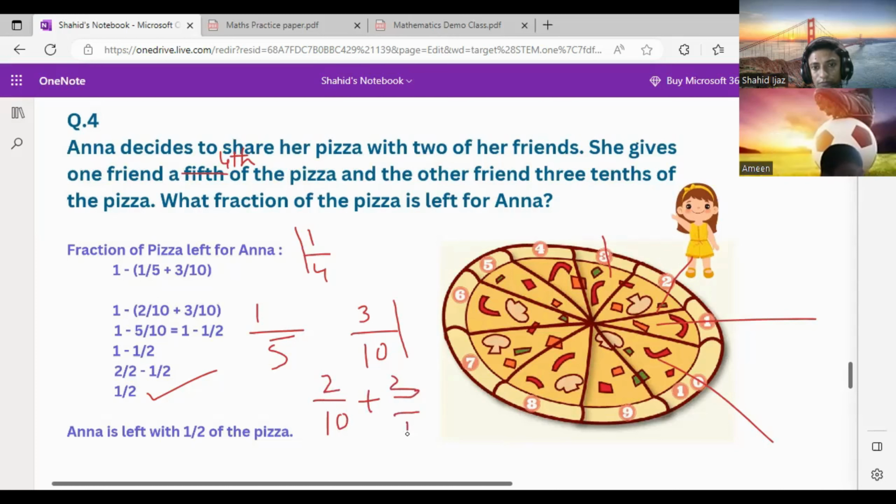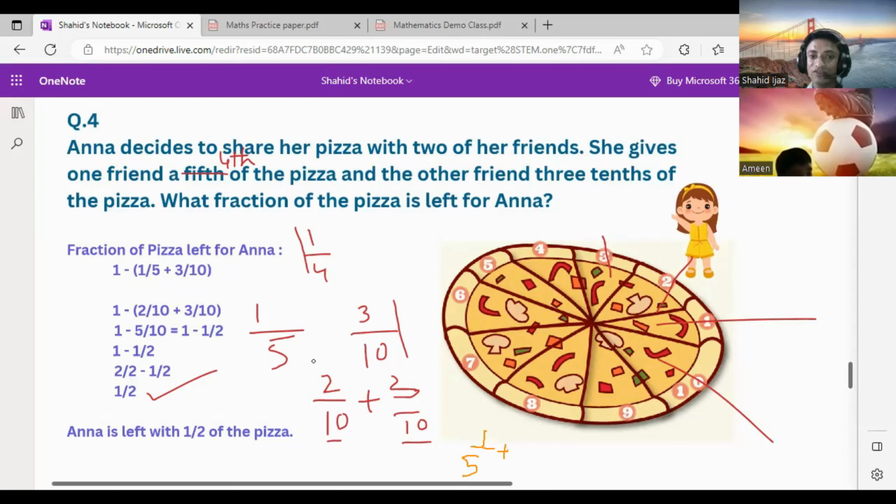Because 5 times 2 equals 10. There is a need to make them equal. Well, there's another way. We can solve a fraction even if it has different denominators.